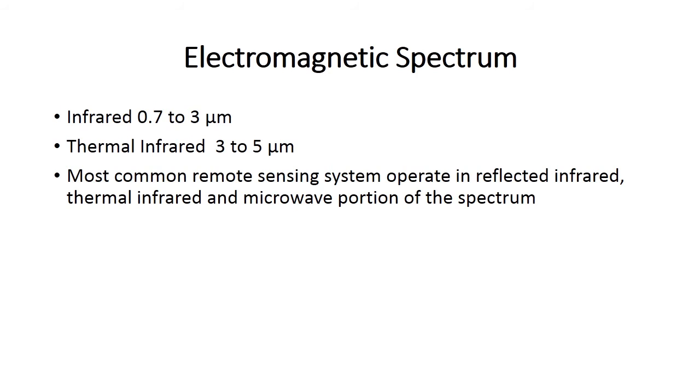The next point is interaction with the atmosphere. EMR can be affected in speed, direction, intensity, wavelength and spectral distribution.